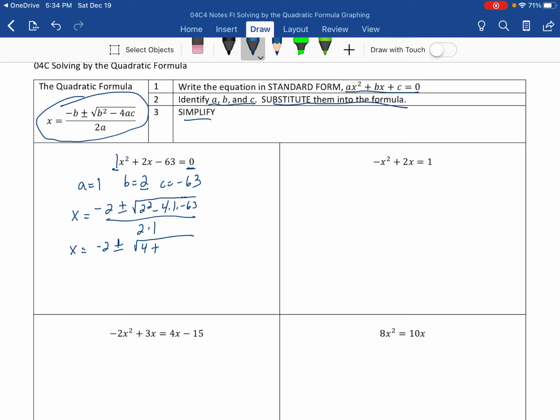So that's going to be 4 plus 4 times 63, which is 252, over 2. X is equal to negative 2 plus or minus the square root of 256 over 2.